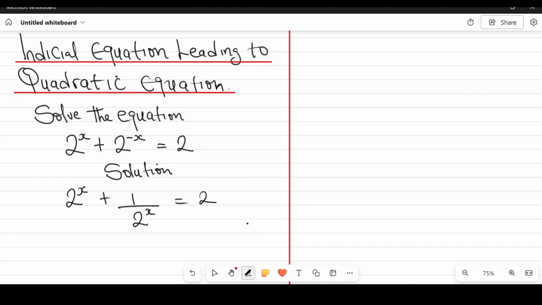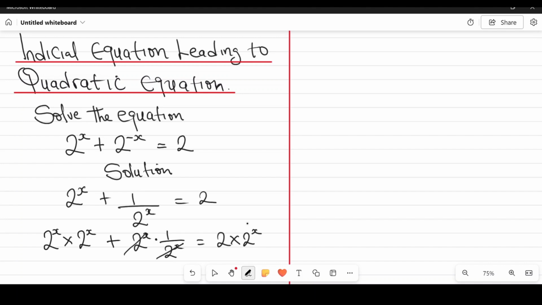So we have 2 to the power x multiplied by 2 to the power x, plus 2 to the power x multiplied by 1 divided by 2 to the power x, equal to 2 times 2 to the power of x. So here we cancel out.